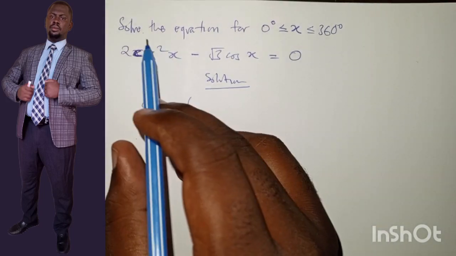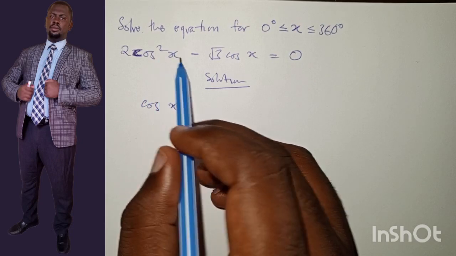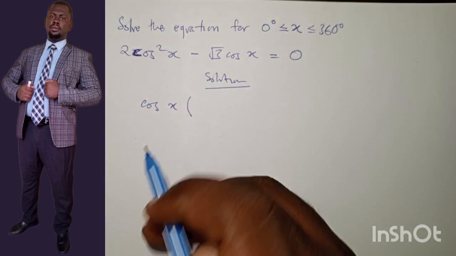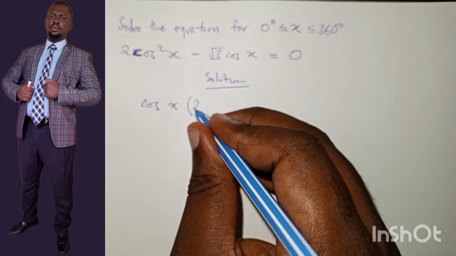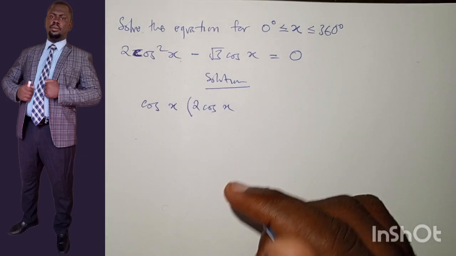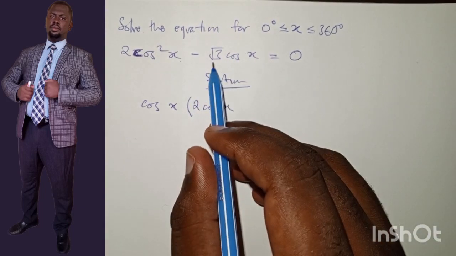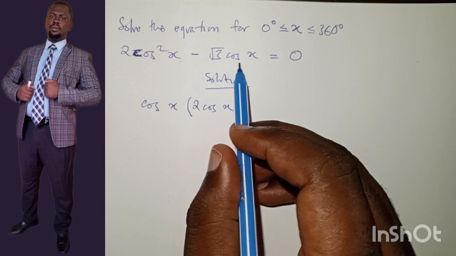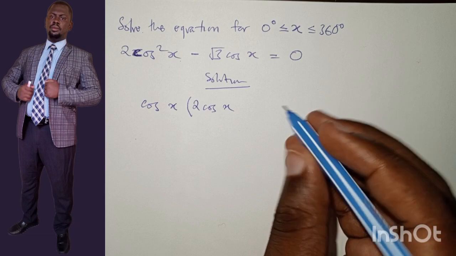If you divide out cos x from 2 cos squared x, we are going to remain with just 2 cos x. Then if you divide out cos x from square root of 3 cos x, we will remain with square root of 3.